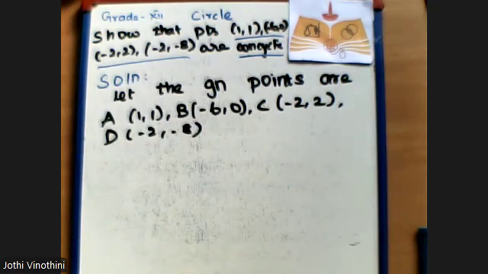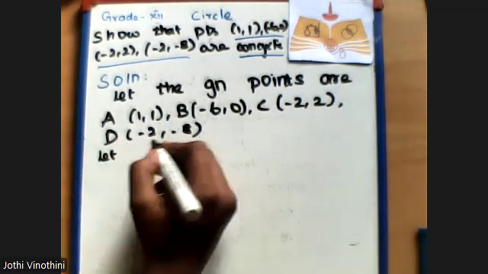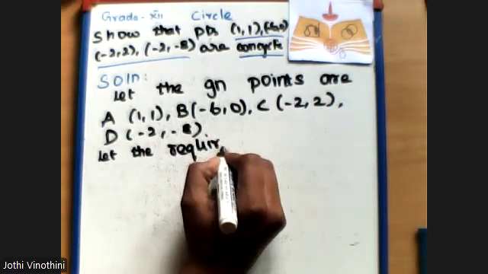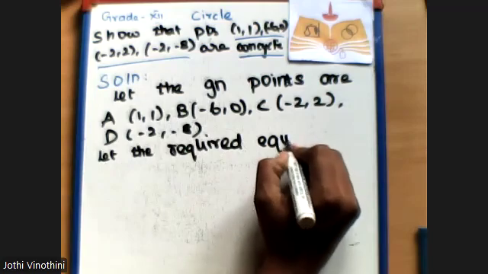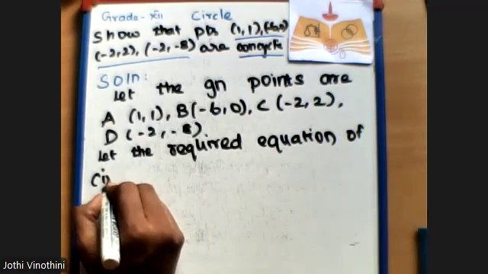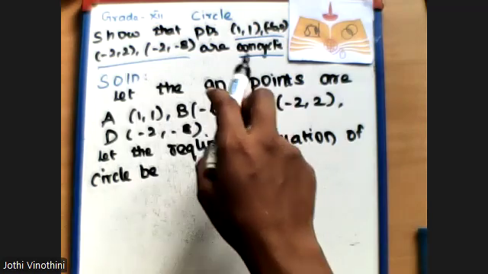What we are going to do now is find the required equation of a circle, so that we can find whether all these points lie on a circle. So I'm going to take the standard equation of a circle. Let the required equation of circle be. They don't give us an equation in the question, right?